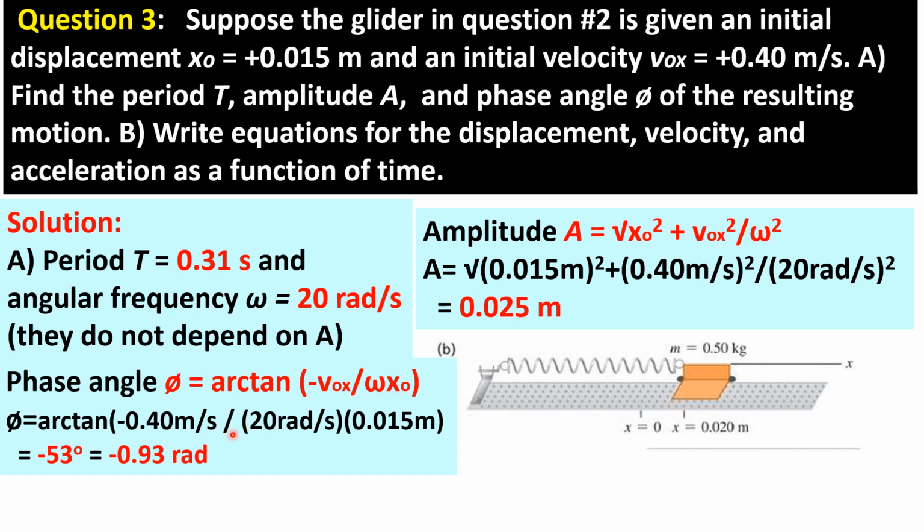Using your calculator, we get as our phase angle phi, in degrees, negative 53 degrees. But phase angle is usually expressed in radians, so our answer is negative 0.93 rad. That's our answer for letter A.